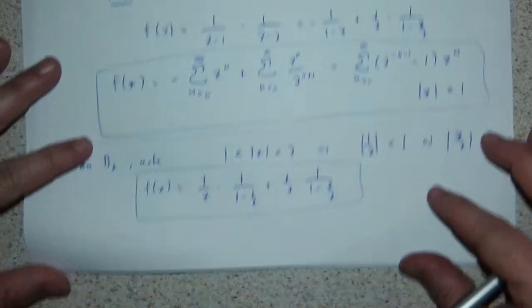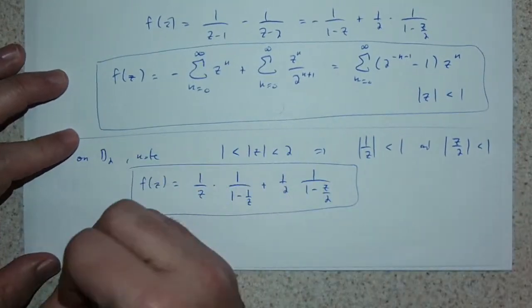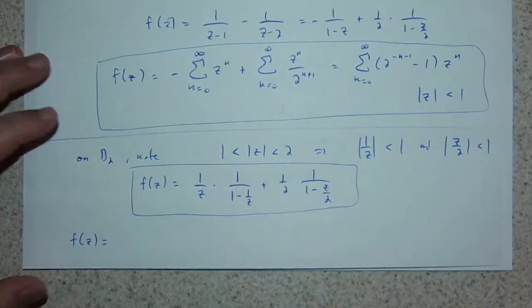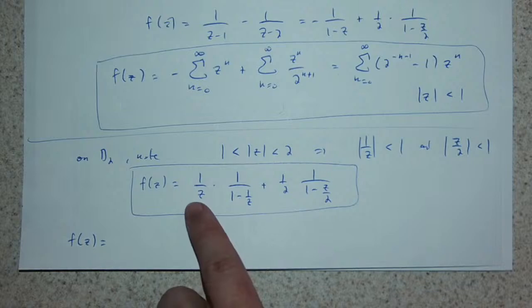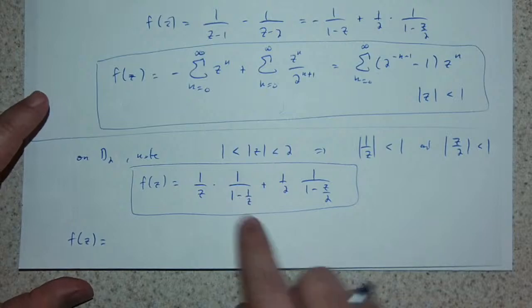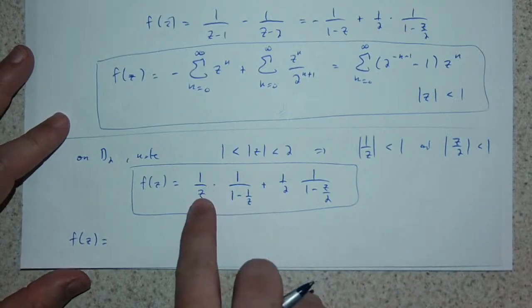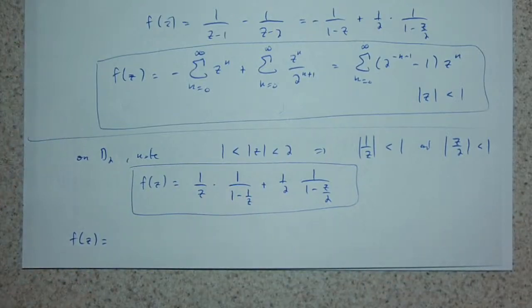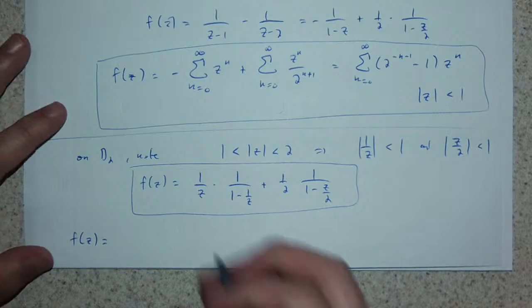So what does this tell me? So then this tells me that f of z can be written as, so now I'm thinking of this as 1 over z times 1 over 1 minus 1 over z. So if I use the geometric series for this, I'm also dividing by z here, right?